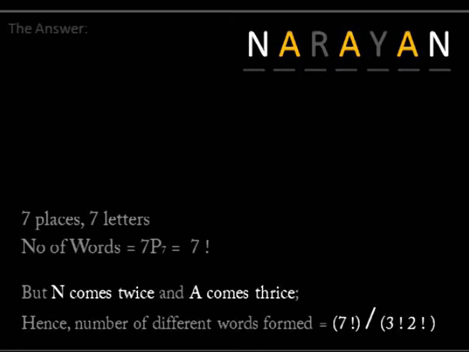And because A is coming 3 times, we divide by 3 factorial. So the actual number of distinct words which can be formed is 7 factorial upon 2 factorial into 3 factorial.